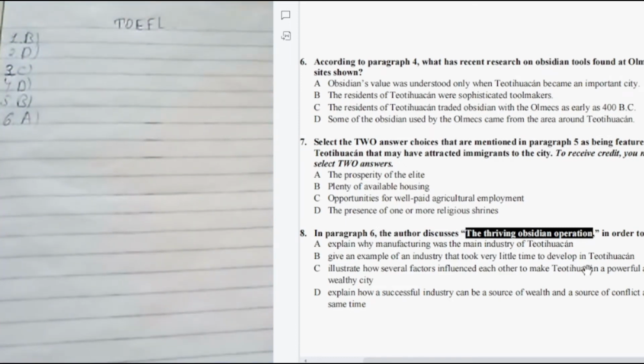Then 7. Select two answer choices that are mentioned in paragraph 5 as being features of Teotihuacan that may have attracted immigrants to the city. To receive credit, you must select two answers.